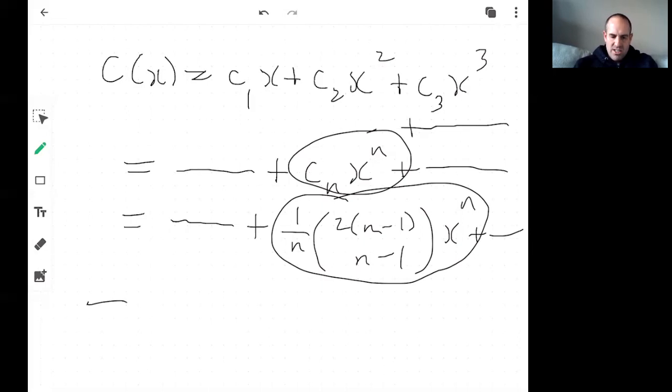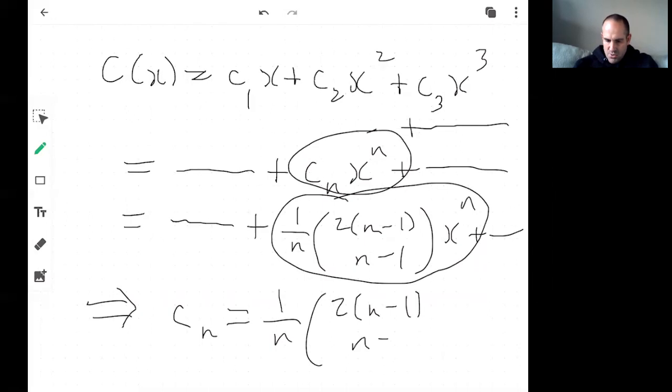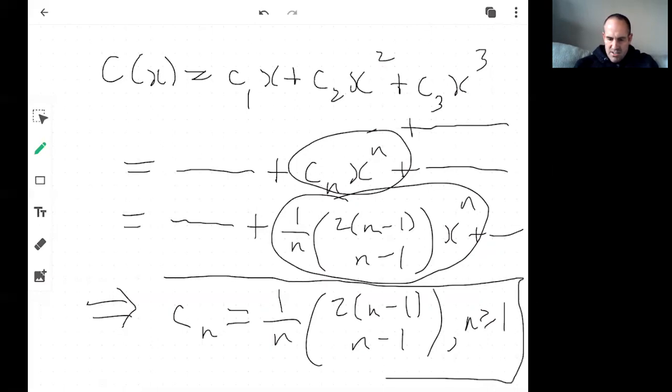So the conclusion is that Cn has to be equal to 1 over n times 2 quantity n minus 1, choose n minus 1, for n equal to or greater than 1. There it is, right there in all of its glory.